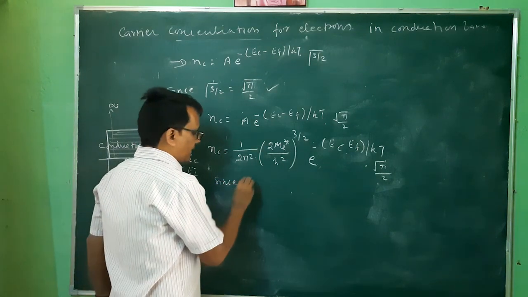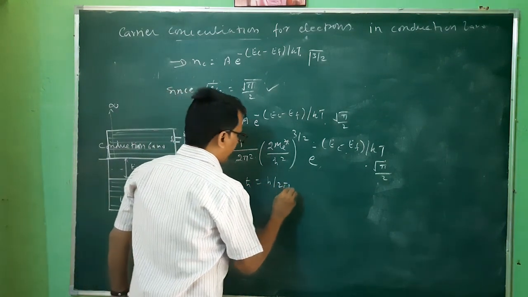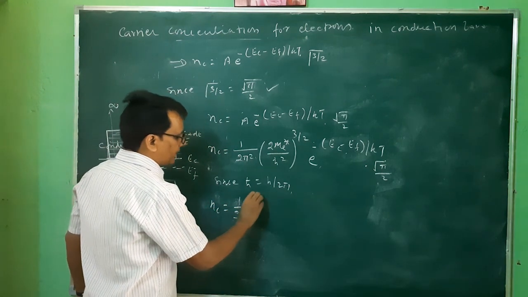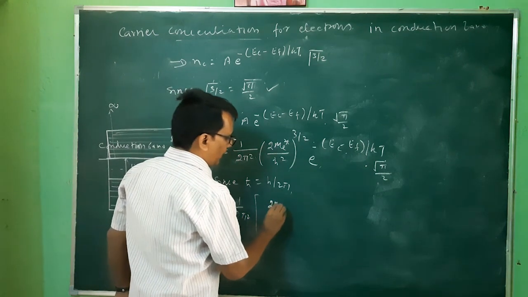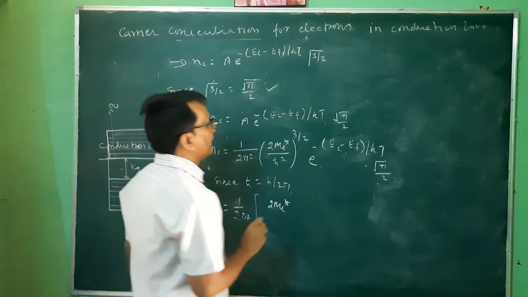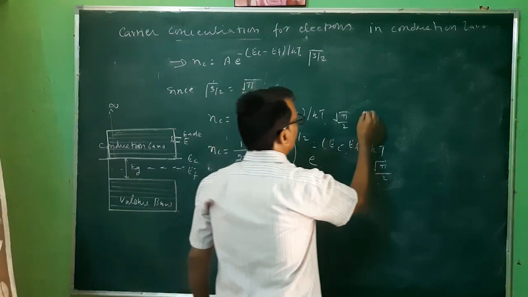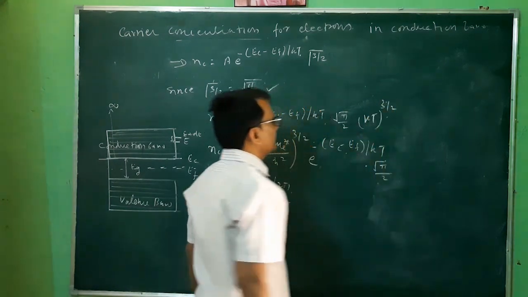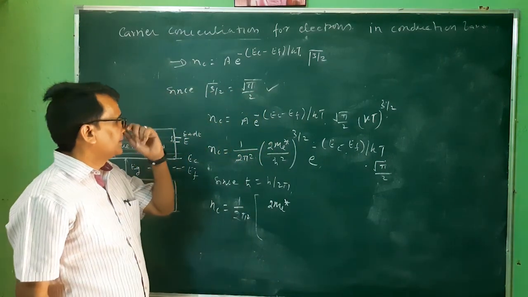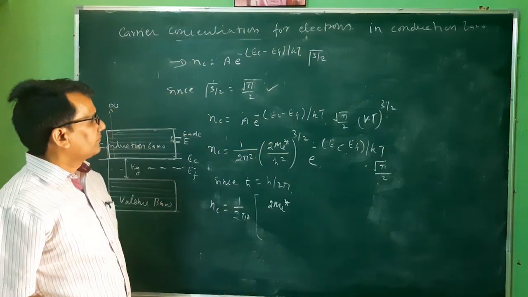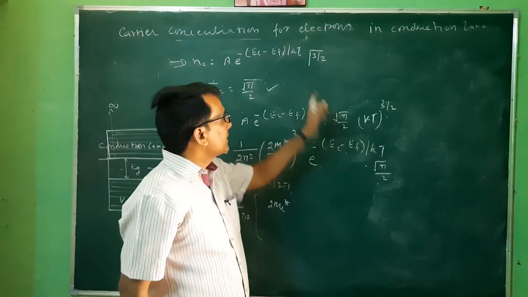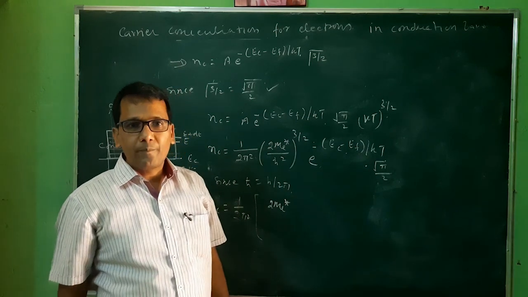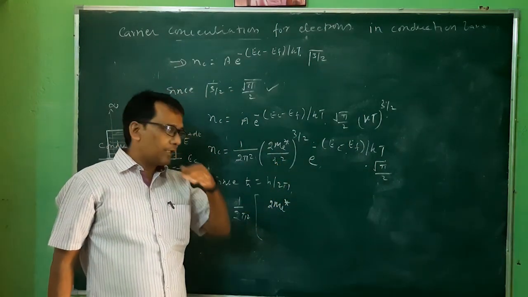Since h cross is equal to h upon 2 pi, this Nc can also be written as 1 upon 2 pi square, now 2 me star, and I think I have forgotten that term kT to the power 3 by 2. That should be there, because when we substitute (Ec minus Ef) by kT equal to x, there will be one additional kT term.